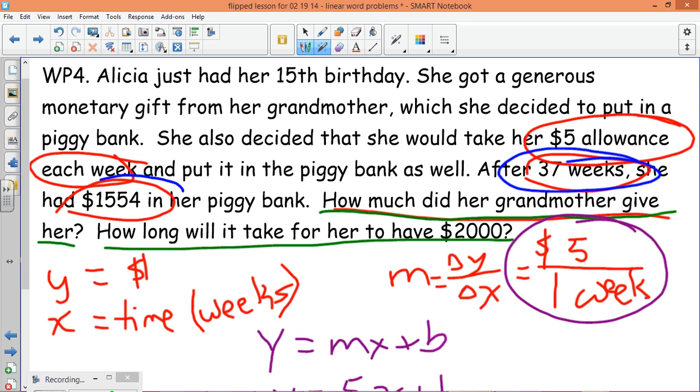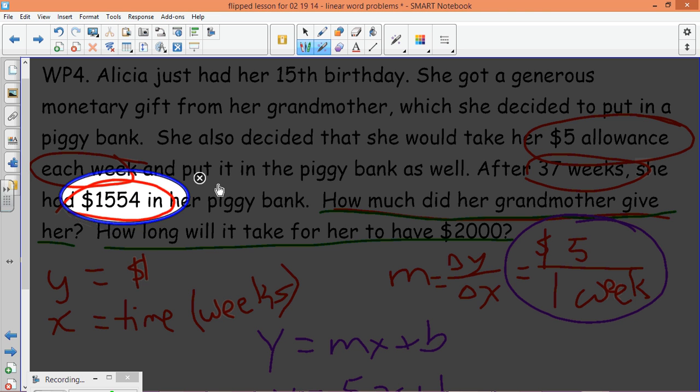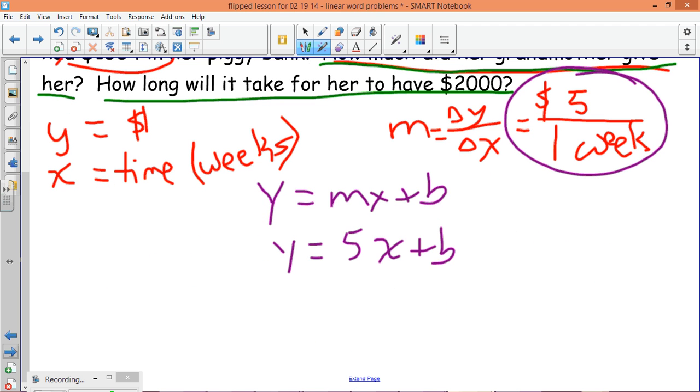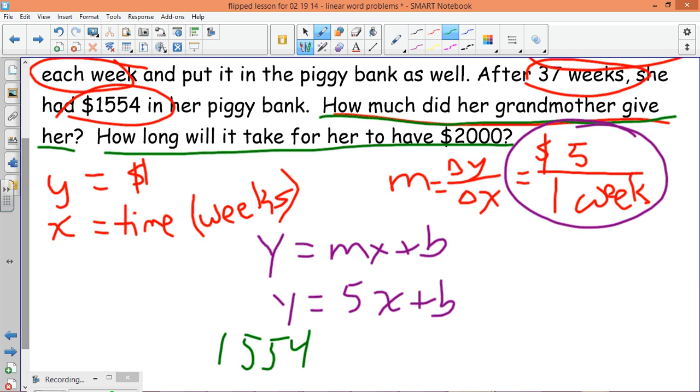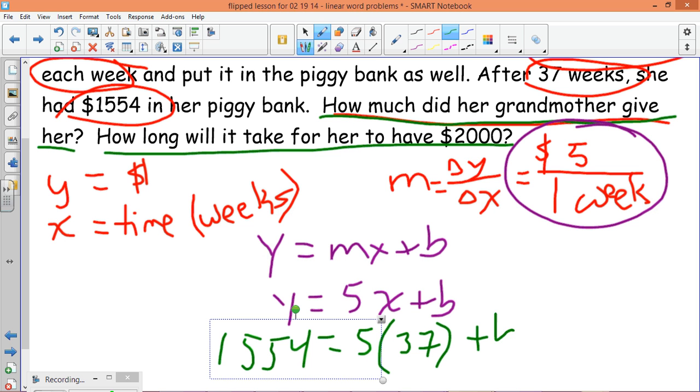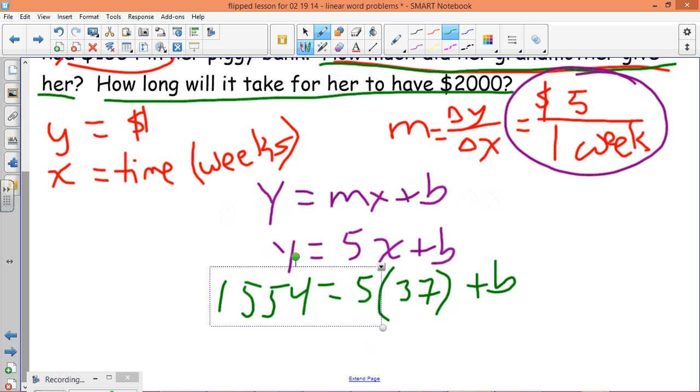I had 1,554. That looks like money. Let's put them in where they go. 1,554 equals 5 times how many weeks? 37. Plus b. B is what her grandma gave her. I'm just giving you a hint.